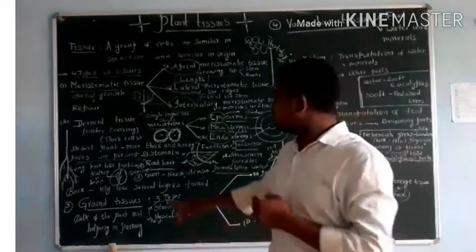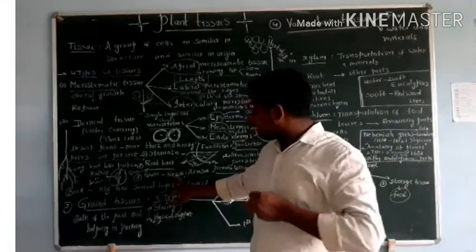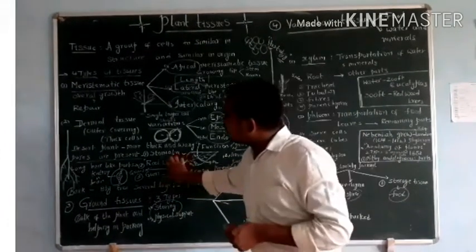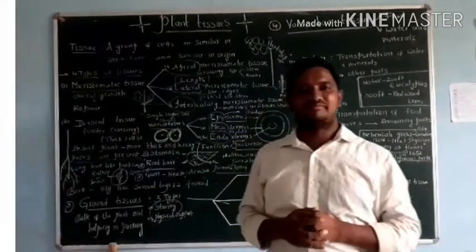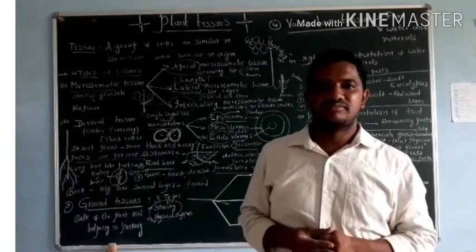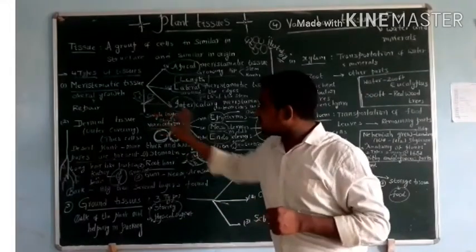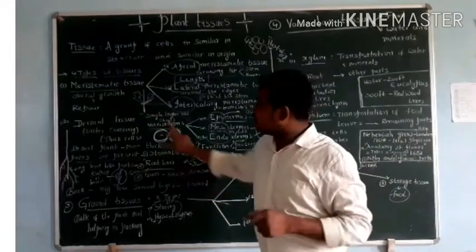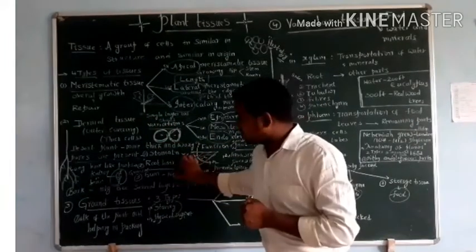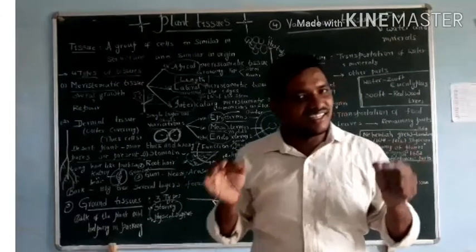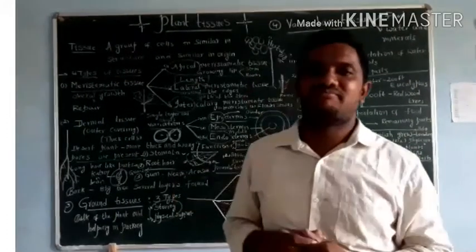These are produced by plants like neem, acacia, etc. Gum also belongs to the dermal tissue. So stomata, root hair and gum are made up of dermal tissue. This is the second tissue, dermal tissue.